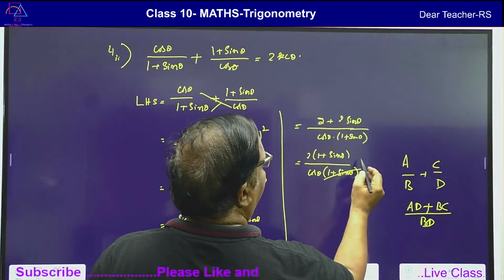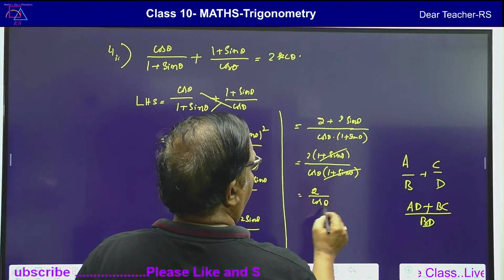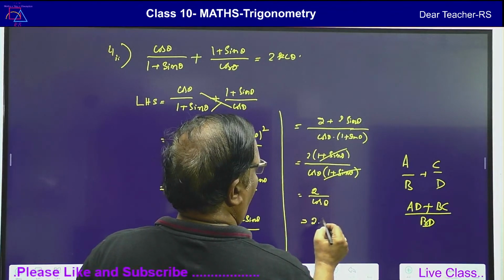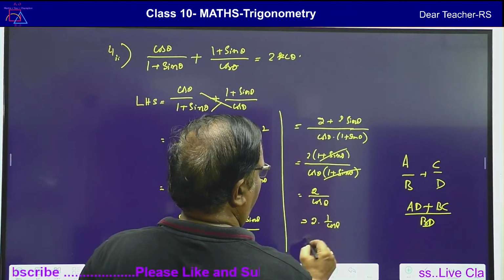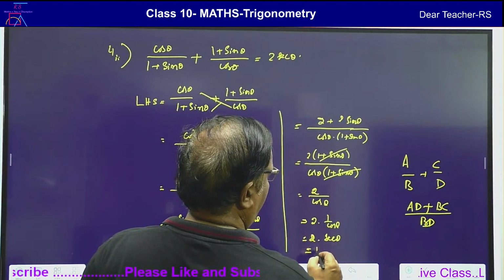So 1 प्लस साइन थीटा, 1 प्लस साइन थीटा cancel, so 2 by cos theta, nothing but 1 by cos theta, 2 into secant theta, this is nothing but right hand side.